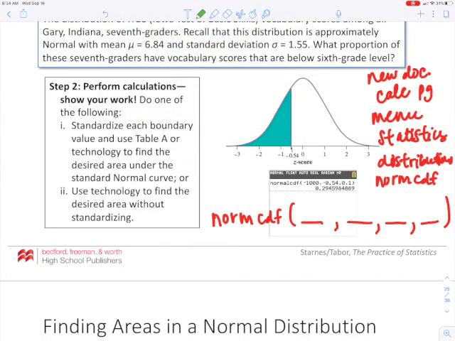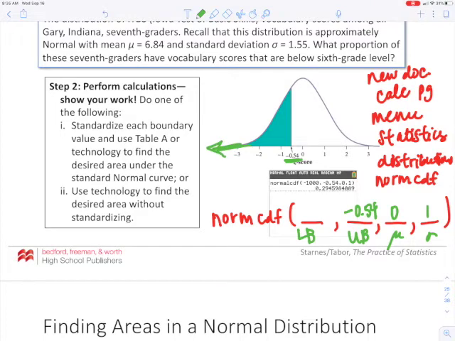Okay, so this is our lower bound, upper bound, mu our mean, and sigma our standard deviation. So for us, mu is 0 and sigma is 1, because it's a normal curve. Lower bound and upper bound. Well, our upper bound is negative 0.54 because that's our boundary.